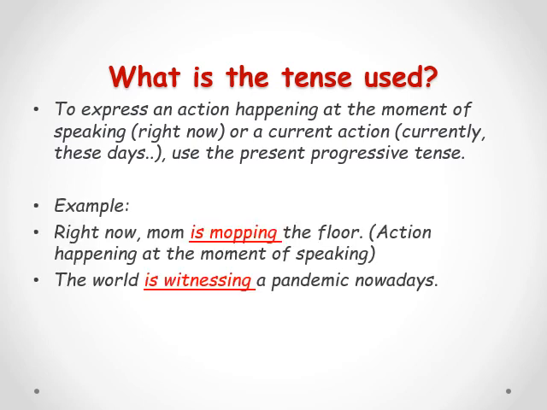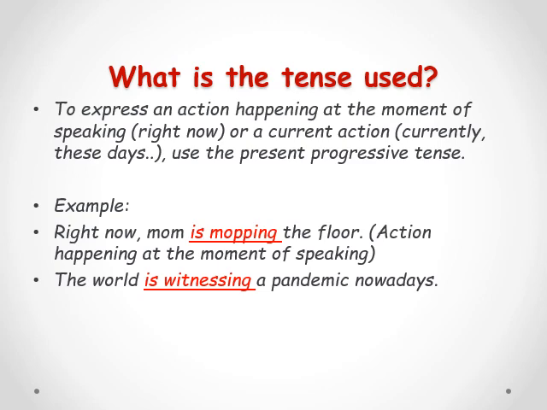Example, right now mom is mopping the floor. This is an action happening at the moment of speaking right now. And I have the second example, the world is witnessing a pandemic nowadays. Pandemic is what's known as the virus, coronavirus, that is widely globally spread.